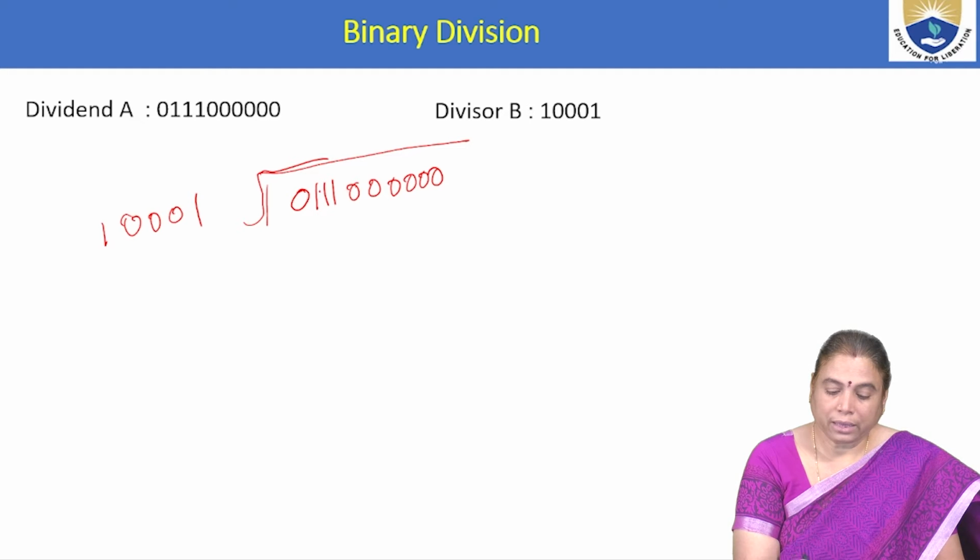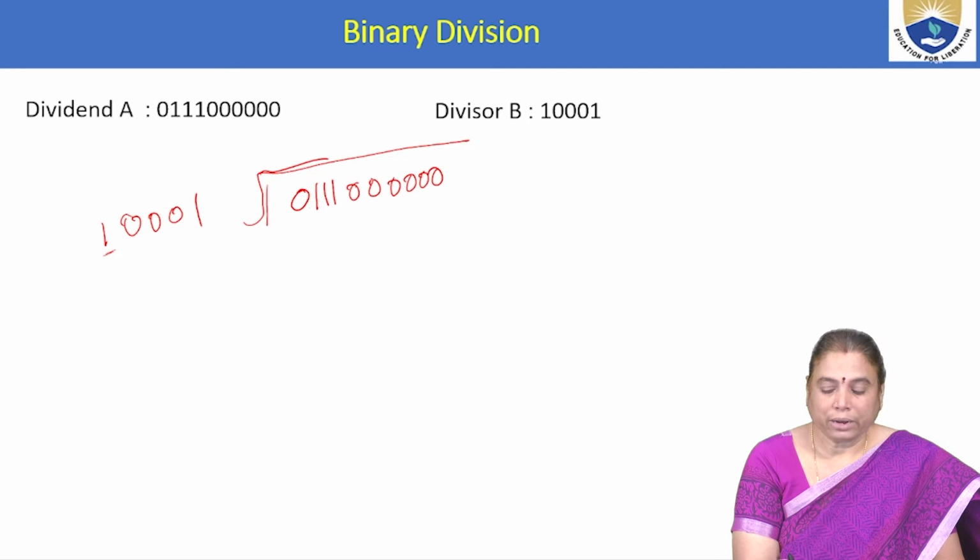The MSB of the divisor is 1, but in the dividend it is 0. So the dividend's 5 bits are less than the divisor, and we have to consider the next bit. So in the dividend, 6 bits are considered, and we compare whether the dividend is greater or the divisor is greater.